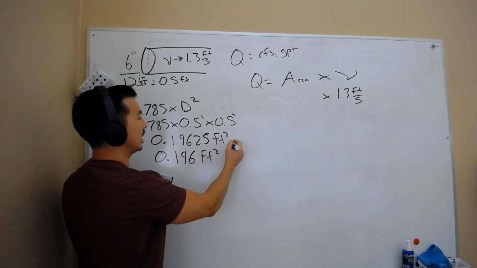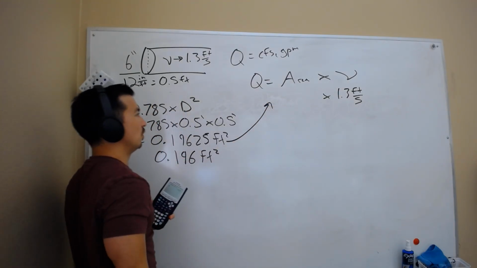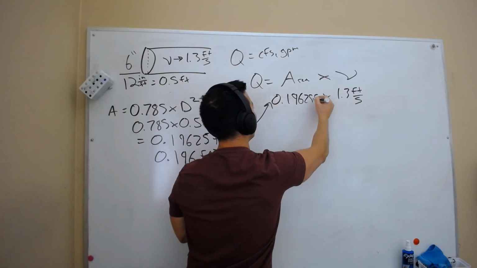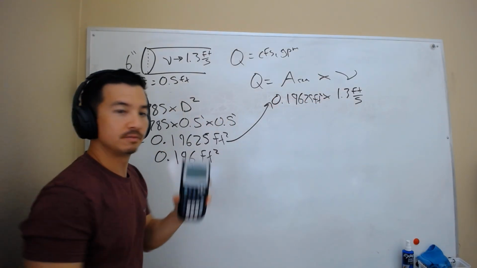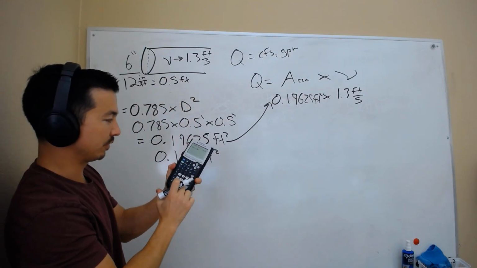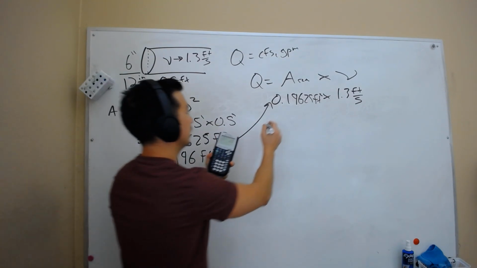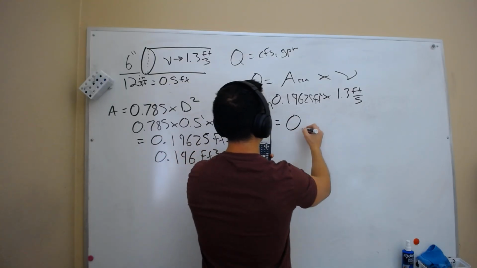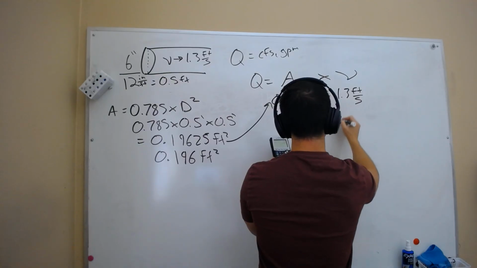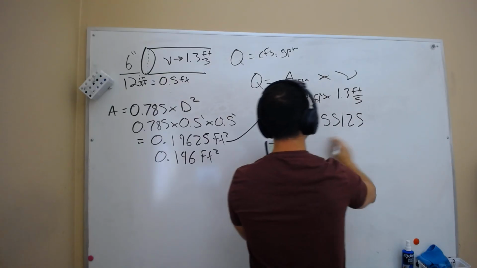Remember, this is now my area that I'm going to plug in over here: 0.19625 square feet, area times velocity. So I'm going to multiply that times 1.3 feet per second. That gives me a flow rate of 0.255125. That's the full number.